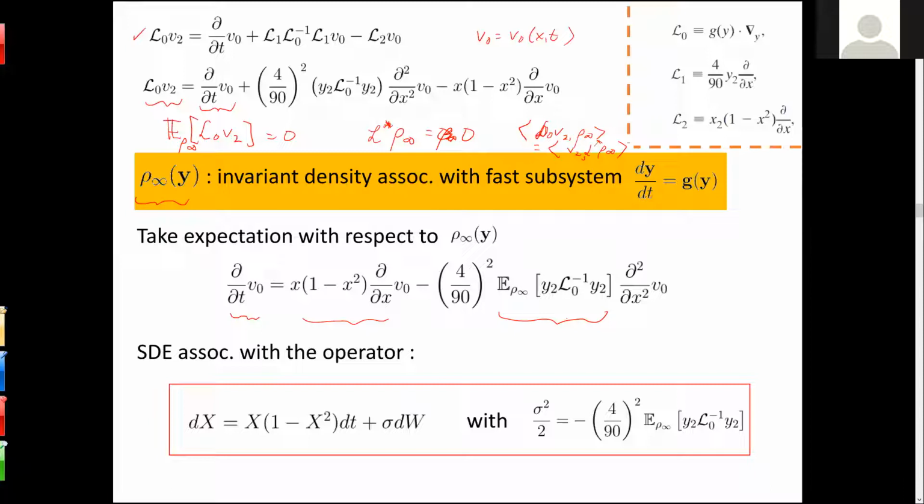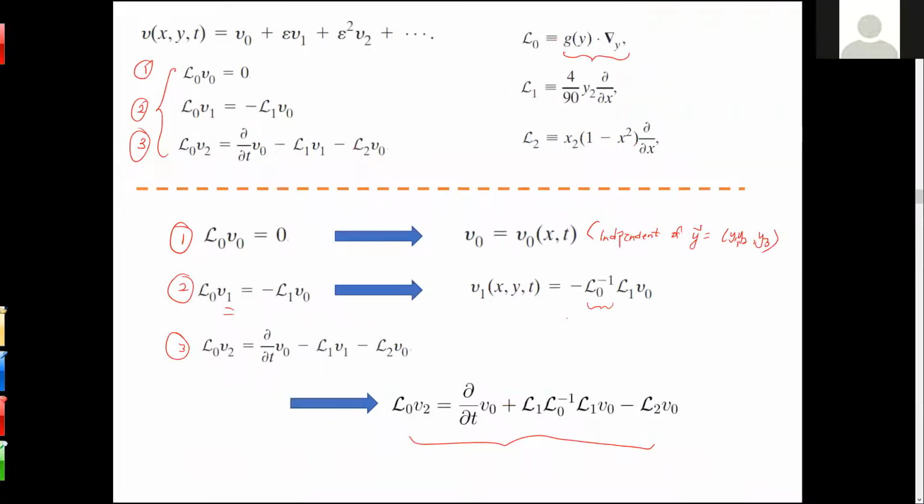So now this is a reduced operator. It is in terms of V0 alone. It actually describes the evolution of V0. It is reduced in the sense that now it doesn't include Y in the equation.